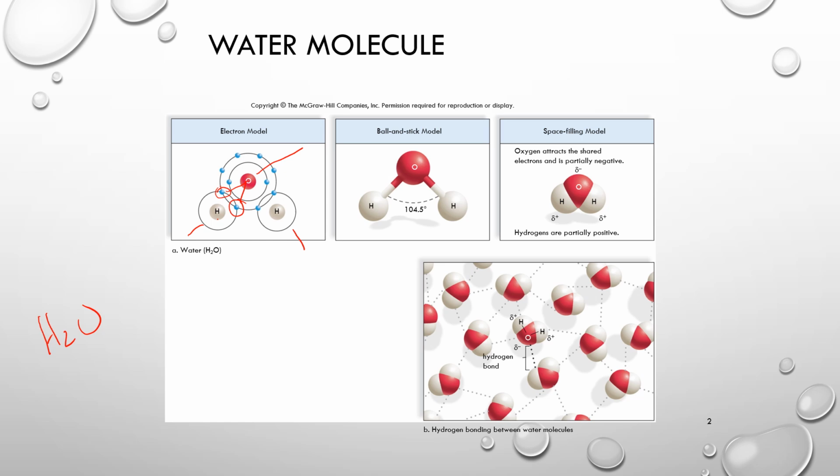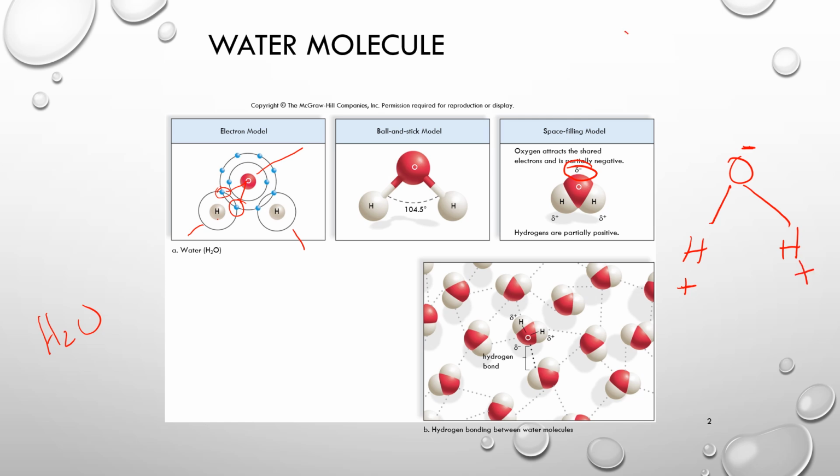And what that means is that for a water molecule, the oxygen side of the molecule is actually slightly negative. It's not as negative as an ion, but it has a negative charge. And the hydrogen side of a water molecule is slightly positive.